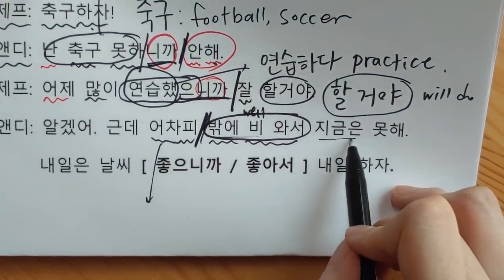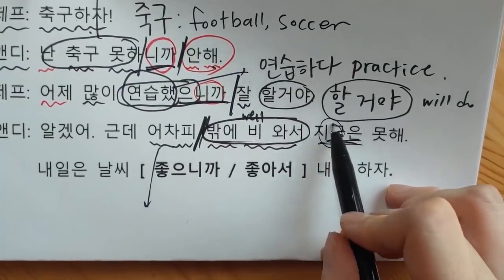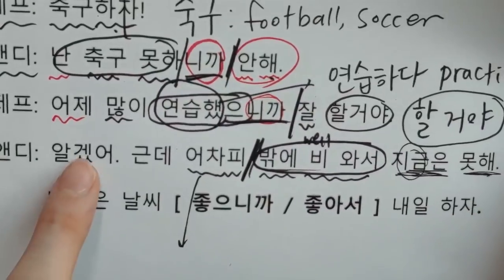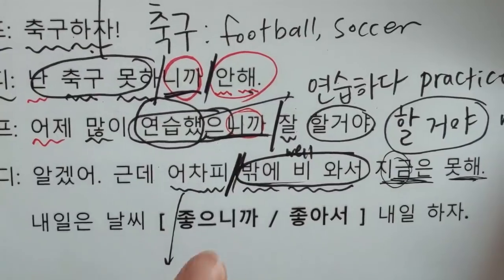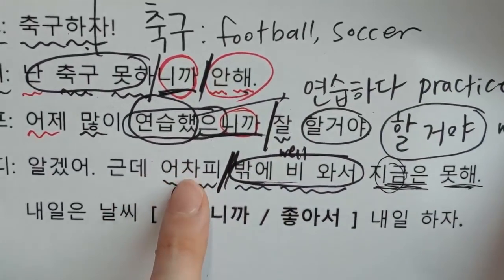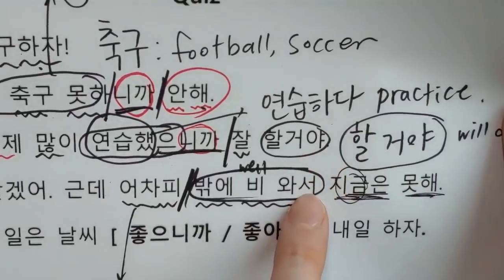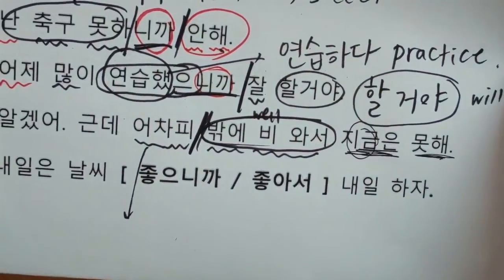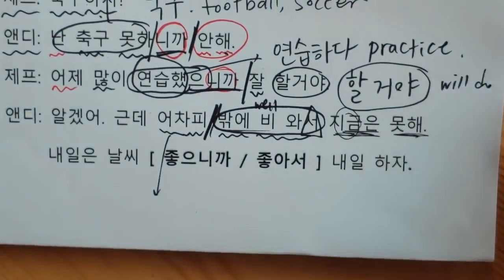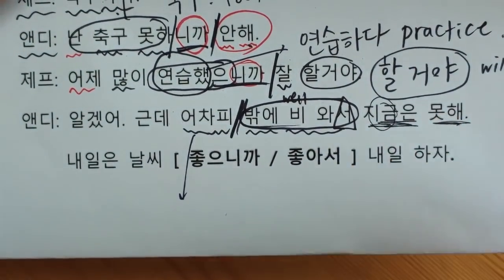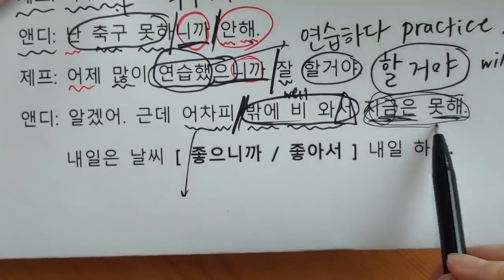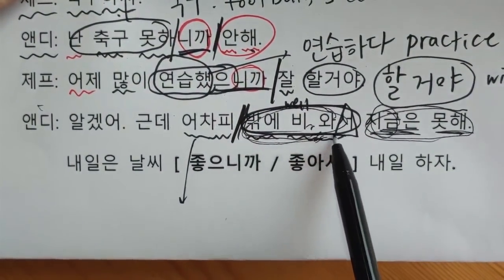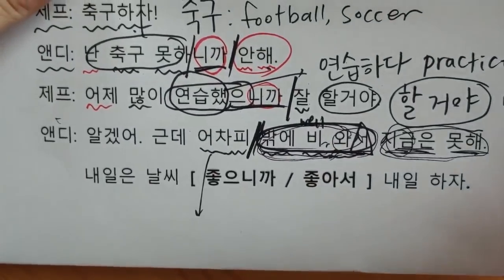So, 지금은, for now, as of right now, 못해. We can't play it. 알겠어, alright. 근데, but, it's raining outside anyways. 어차피 밖에 비 와서, so, 지금은 못해. Right now, we can't do it. So here, 서 is used because he is stating the general reason of them not being able to play right now. And this is something that Jeff might not be aware of. So instead of 오니까, 와서 is used.